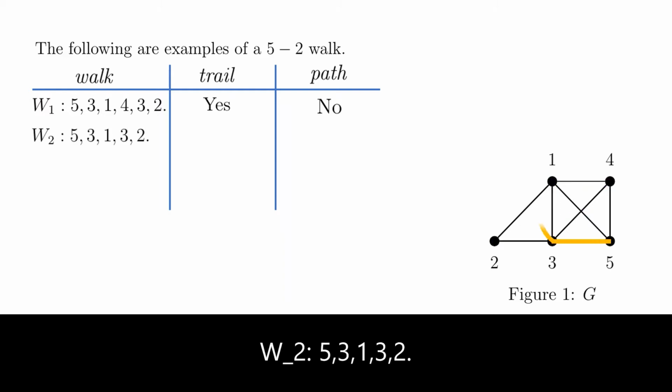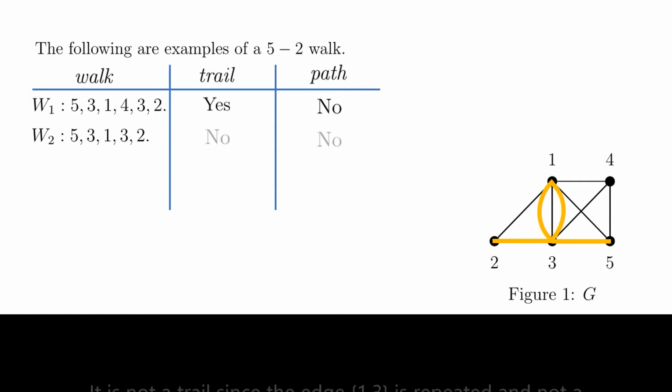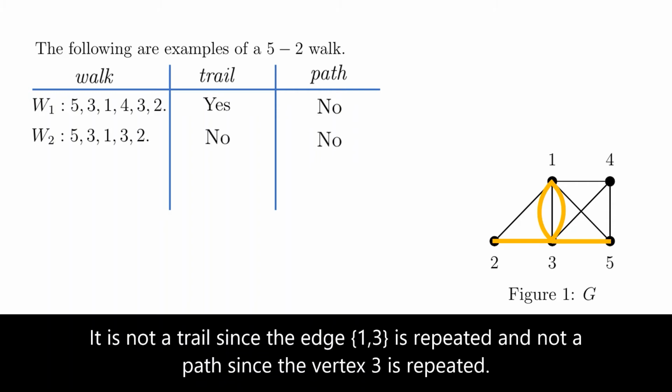W2, 5, 3, 1, 3, 2 is not a trail since the edge 1, 3 is repeated, and not a path since the vertex 3 is repeated.